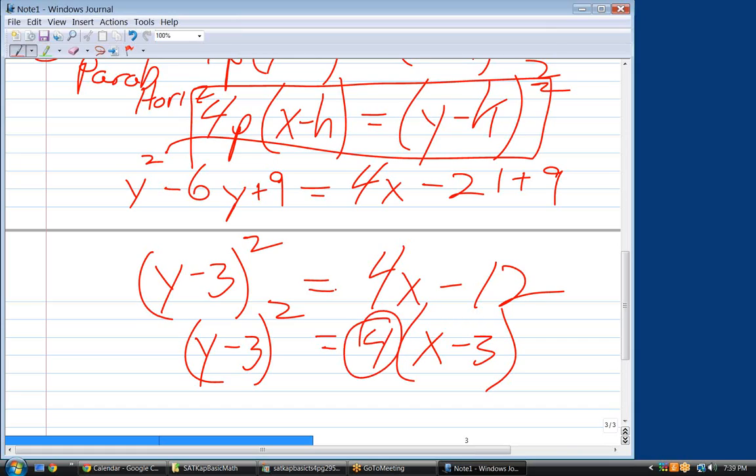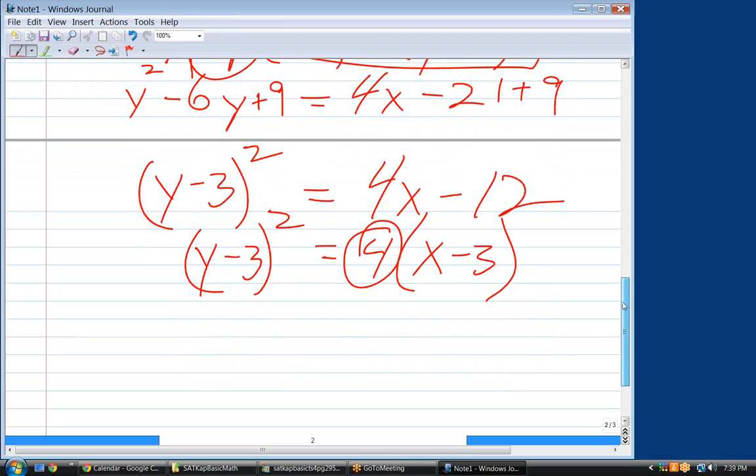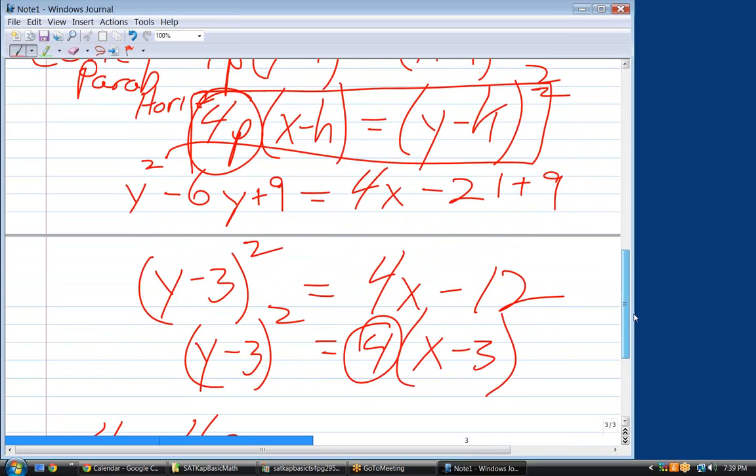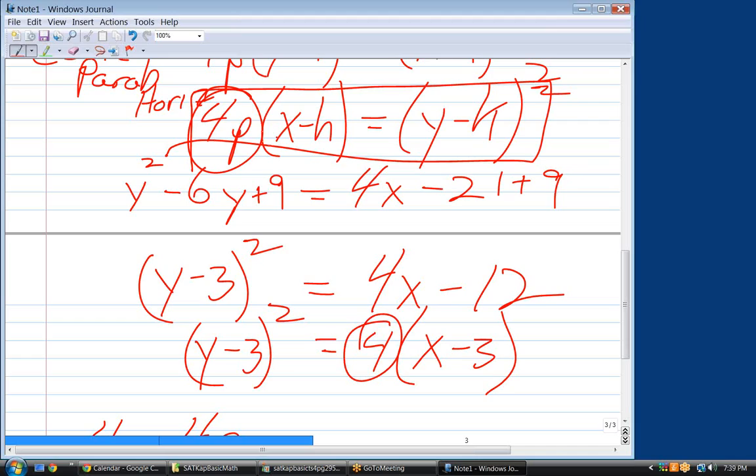Well, this number is equal to 4p. So p is equal to, if this number 4 has to equal 4p, because our general format, you use 4p, don't you, in your class?